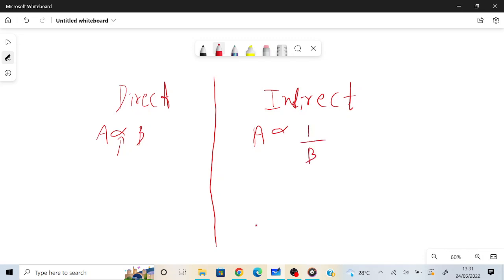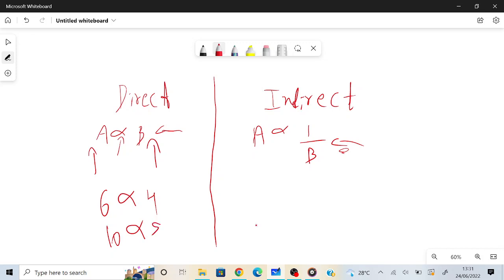As you can see, the difference between the two is that in indirect, B is under 1, and in direct, B is all by itself. In direct, if A increases, this simply means B increases as well. So let's say maybe A becomes 6, B will become 4. If A becomes 10, B will become 5.